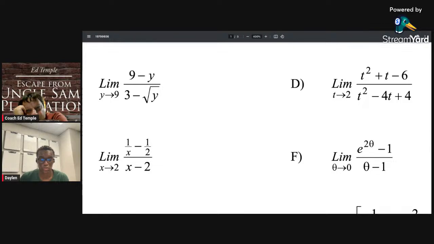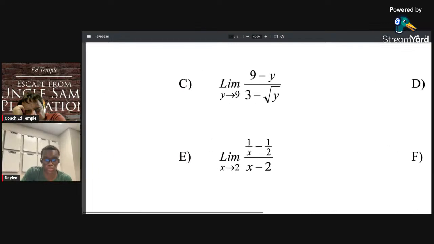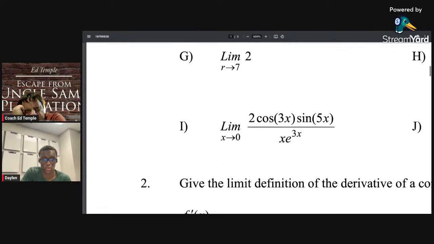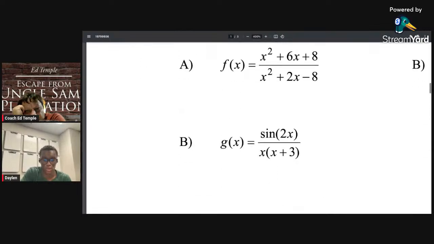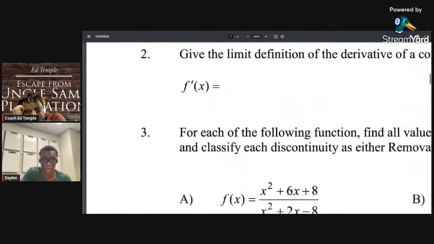So letter D, that's one you should be able to do based on what we've already done, because what's going to be the denominator? We're going to get back to this. I'd like to entertain letter C, letter E, letter F, and then we'll call it a day. How many letters are there, by the way? It just keeps going. These are pretty challenging.